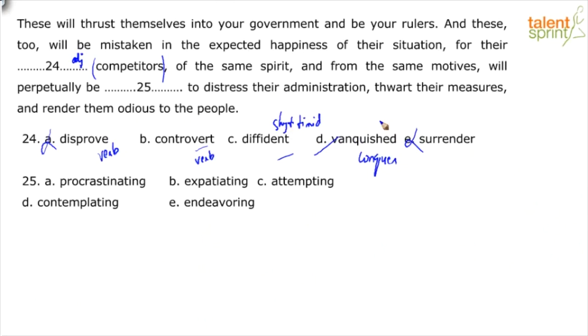Vanquished competitors. So again, what have we done? This entire paragraph, if you look at it, is purely to do with identifying the right word class, identifying the right form of the word, understanding the context. Fifth one. So, vanquished competitors of the same spirit and from the same motives will perpetually be dashed to distress their administration, thwart their measures, and render them odious to the people.